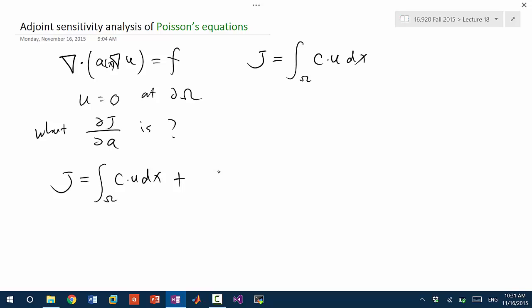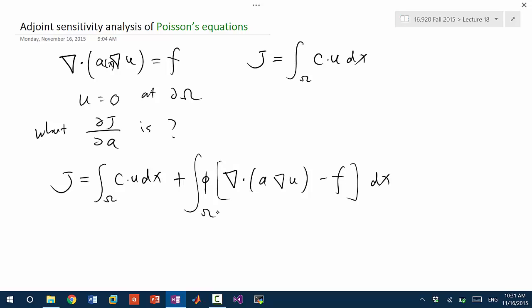That is the residual of the equation, divergence of A grad U minus F. This is a quantity that should equal 0 everywhere. So I should be able to multiply that quantity by a phi and integrate over X and still get 0. This whole term is going to be 0 because what is in the brackets should be 0.